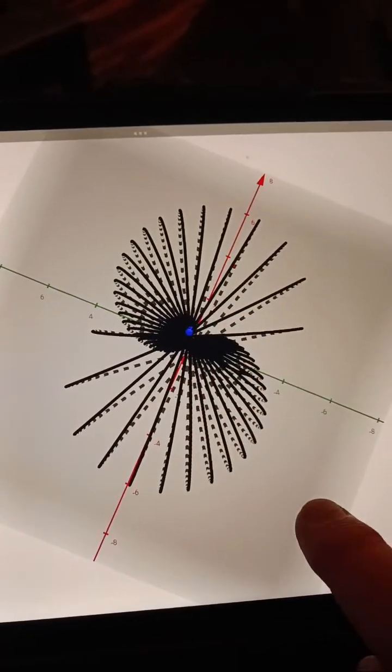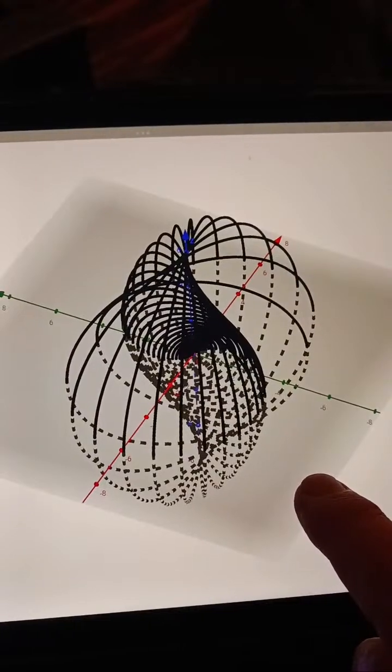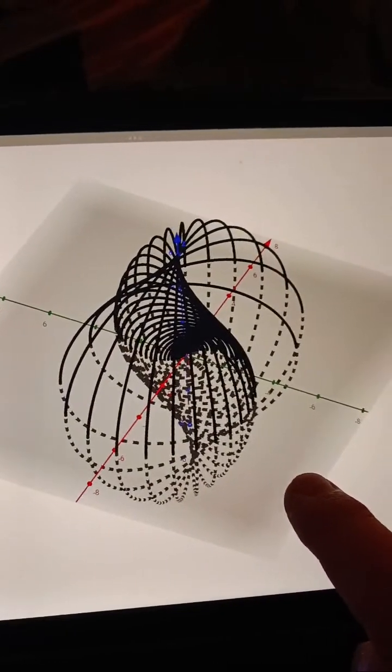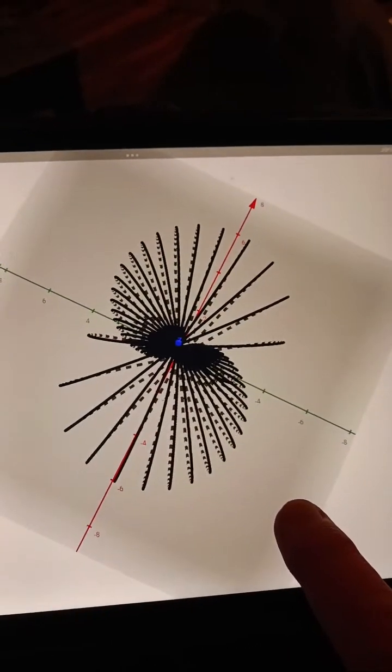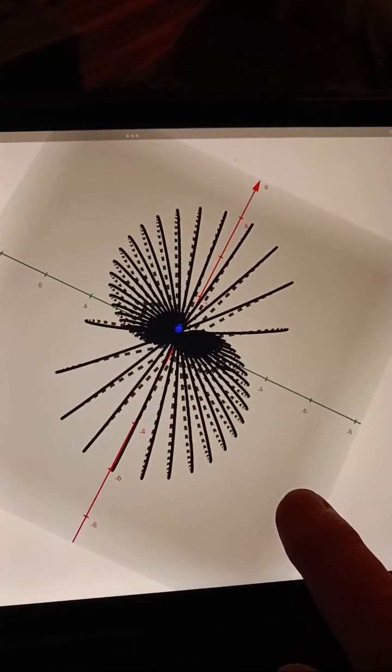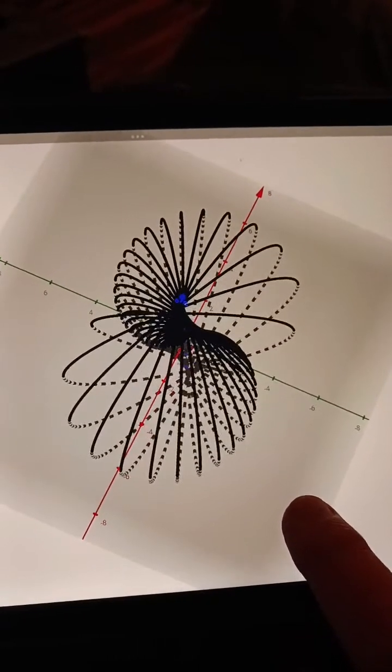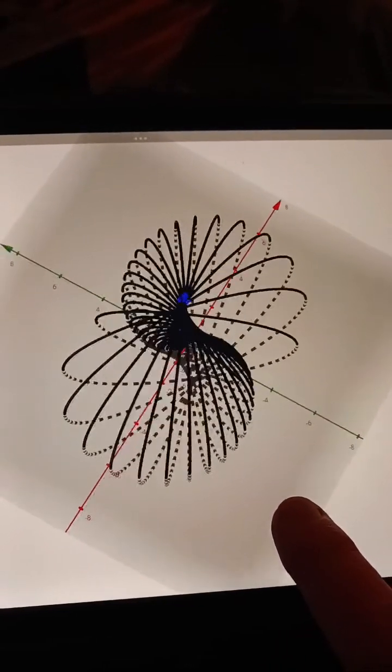In Frenet terms, this would actually be the lowest energy curve, because it's the least curvy curve. As you get higher and higher, tighter and tighter, you get higher and higher frequency. So this is like a big lazy one, relatively speaking.